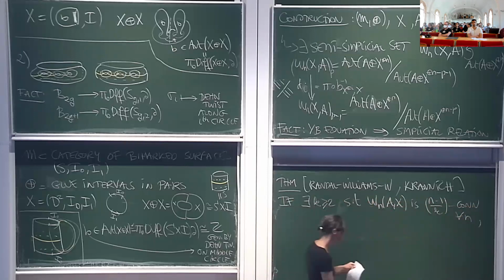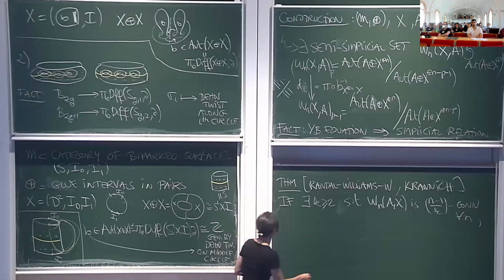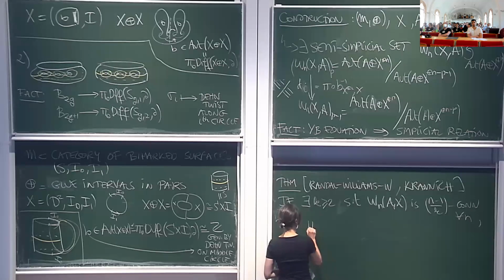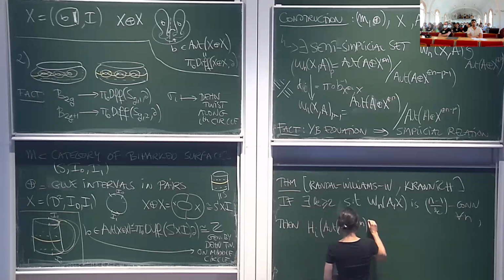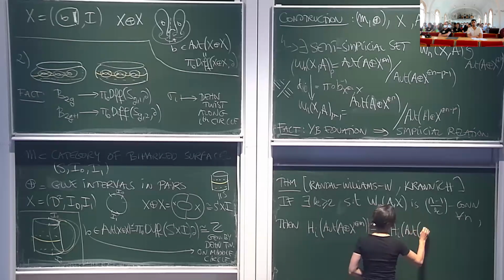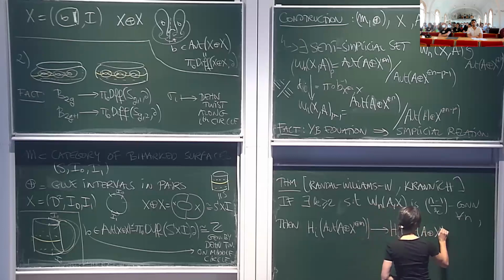If I know some connectivity of these spaces, then stability holds for these automorphism groups: Hi of Aut of A plus X n times maps to Hi of Aut of A plus X n plus 1 times.